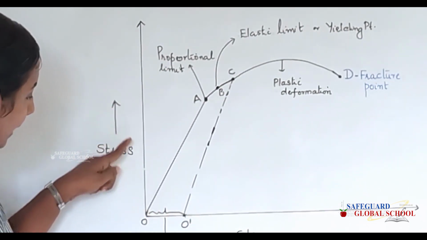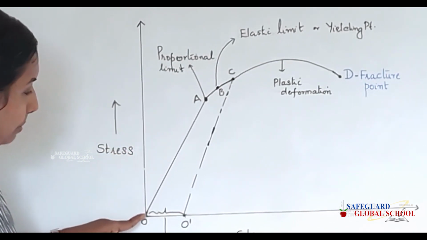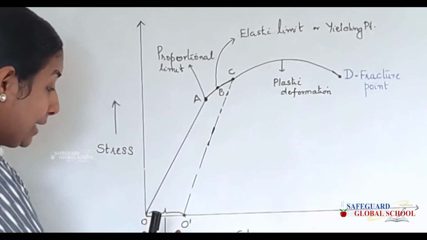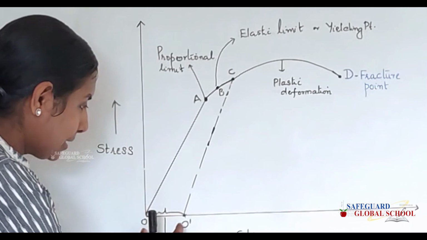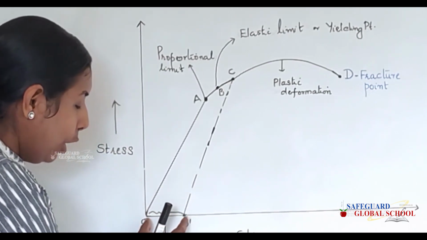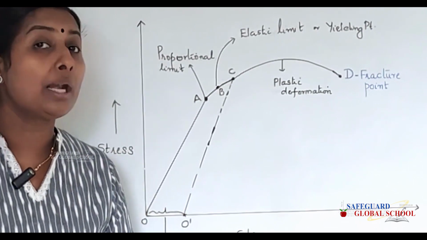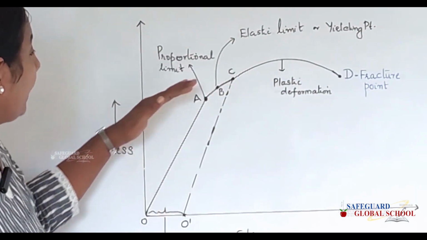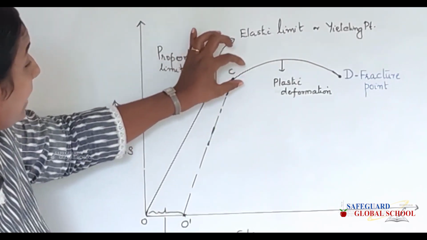Look, whenever there is stress here, there is strain, but even if the stress has become zero, the strain hasn't reached zero. There is a permanent strain that is developed inside that material, which is called OO dash, and this OO dash is called the permanent set. So let us look beyond C. Here we know that there is not that much increase in stress.